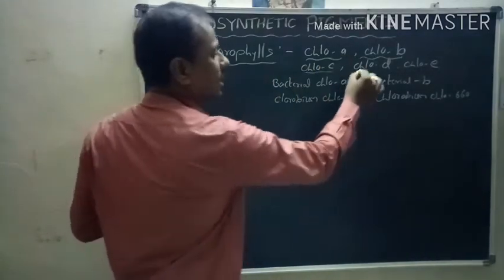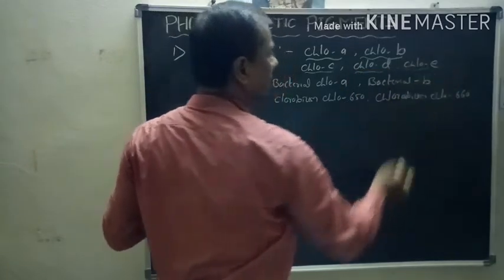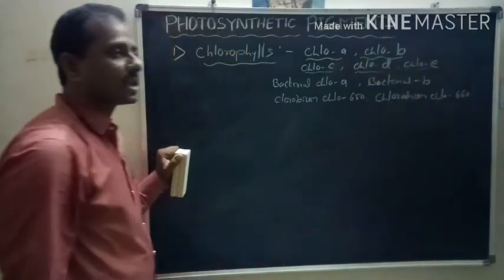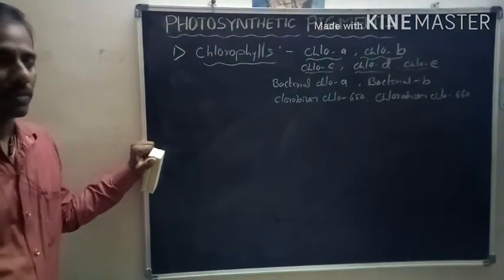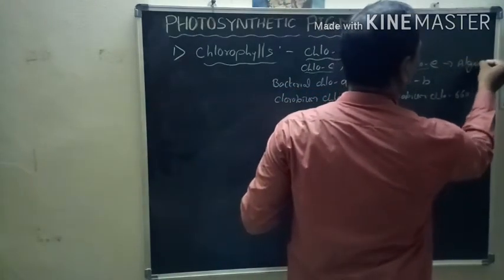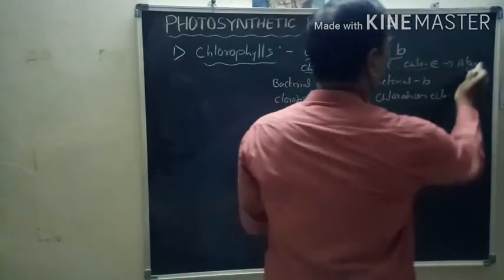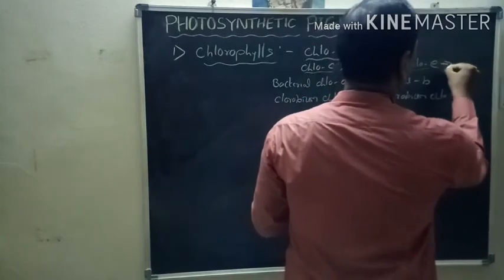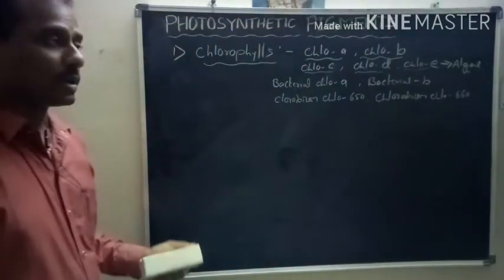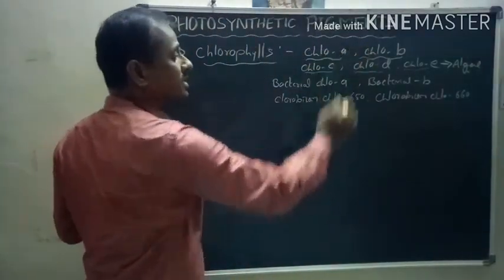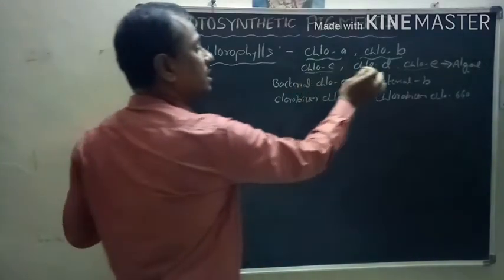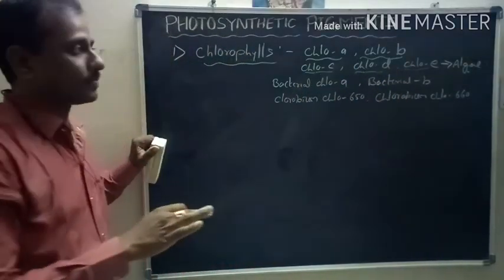Chlorophyll C, chlorophyll D and chlorophyll E. These three types are present in algae. Chlorophyll A and chlorophyll B are also present in algal members, but these three are absent in higher plants.